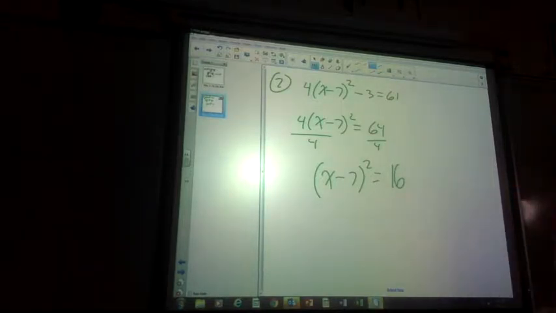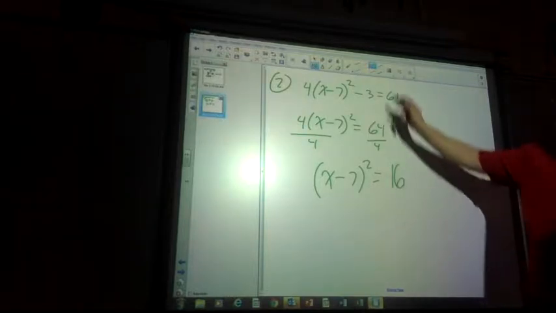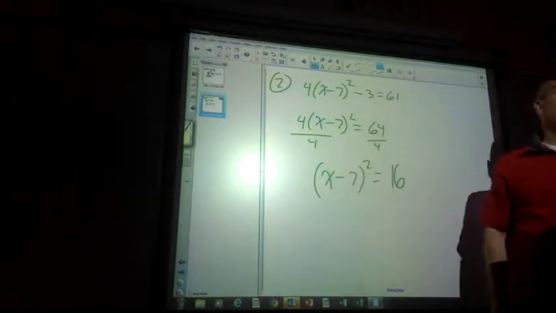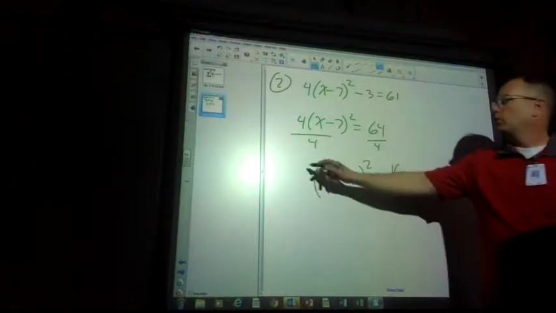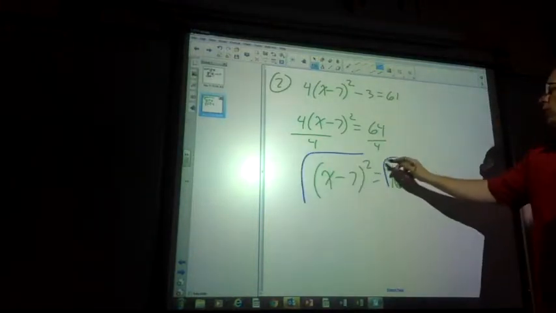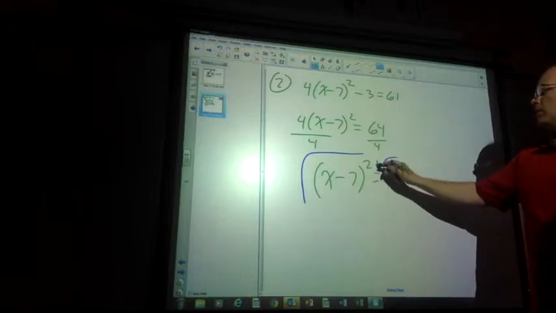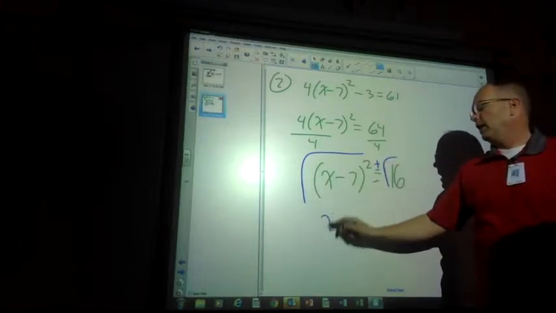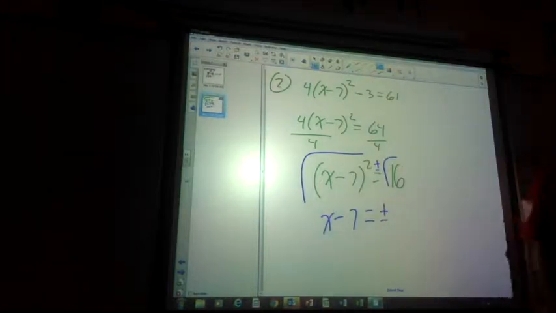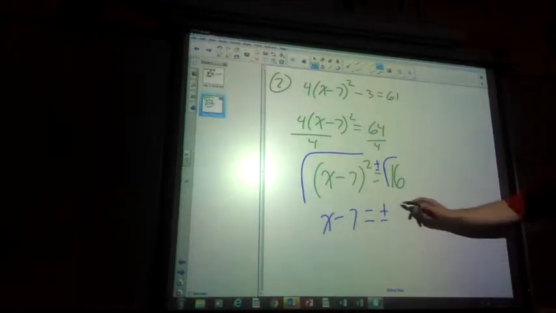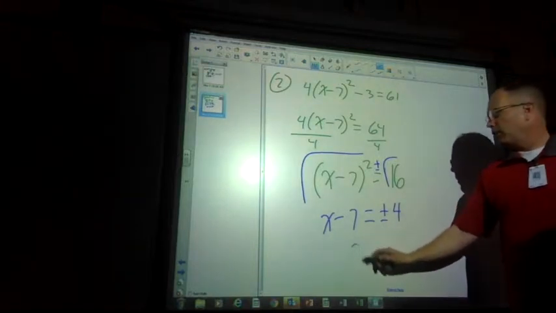Is that right? Yeah. Okay. Now I can undo this squared quantity. What should I do? Square root first. What don't I forget? Need the plus minus. So I get x minus 7 is equal to plus or minus. What's the square root of 16? 4.